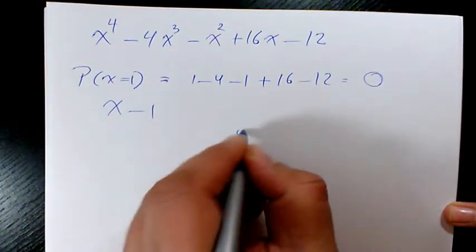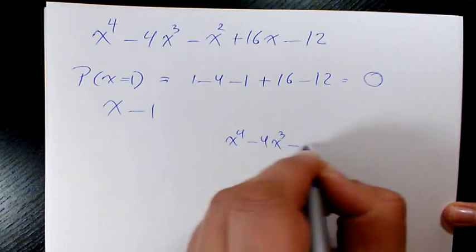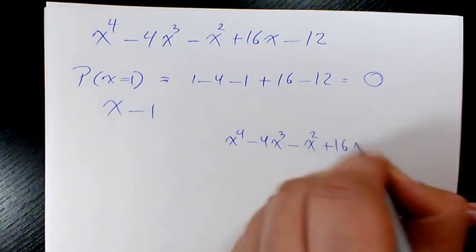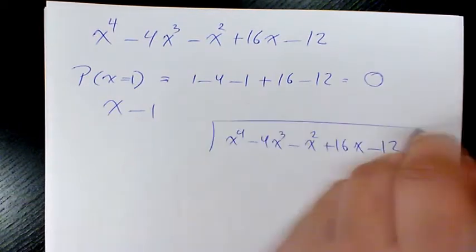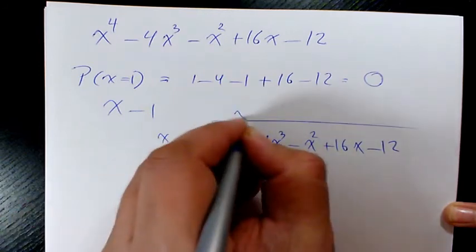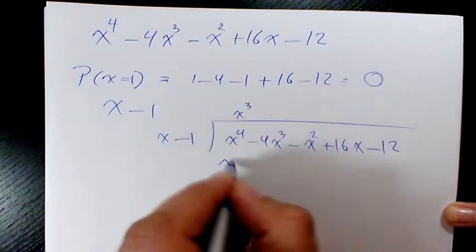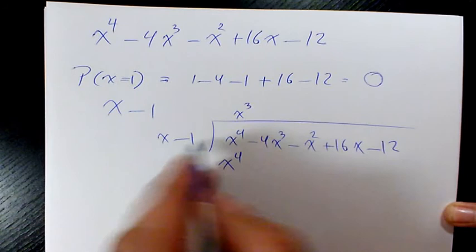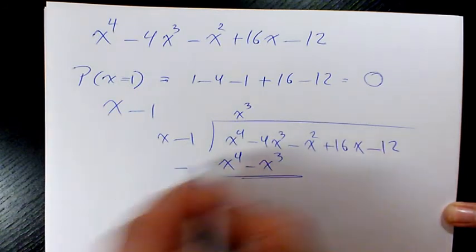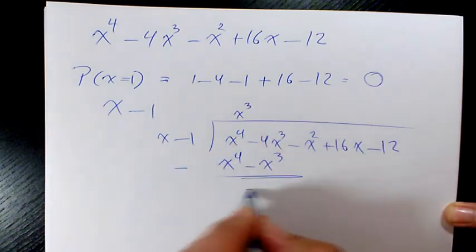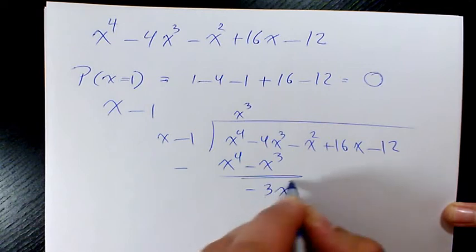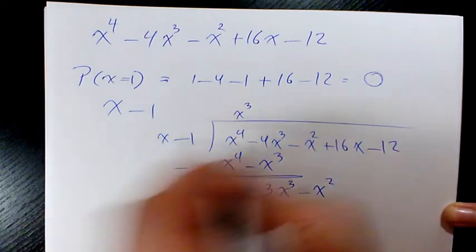So we have x to the 4 minus 4x cubed minus x squared plus 16x minus 12 divided by x minus 1. When you divide, x cubed times x is x to the 4, x cubed times negative 1 is negative x squared. When you subtract, you have negative 3x cubed minus x squared.